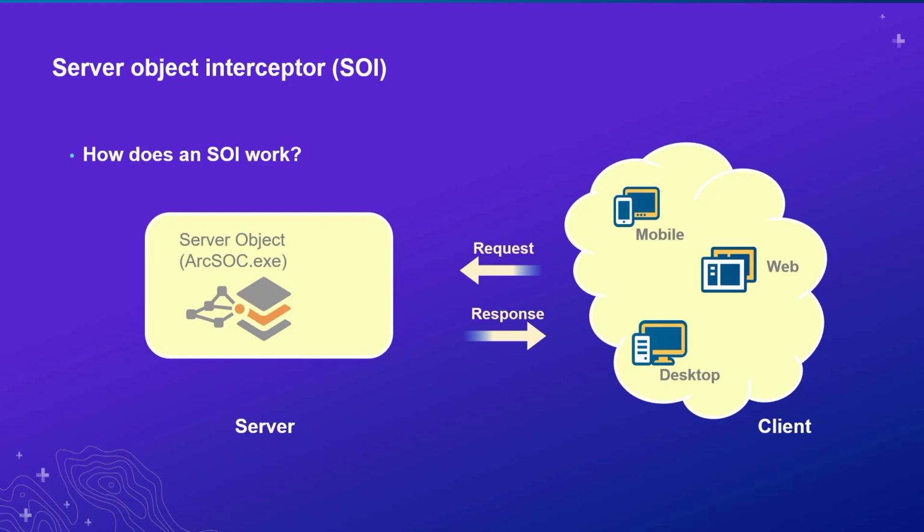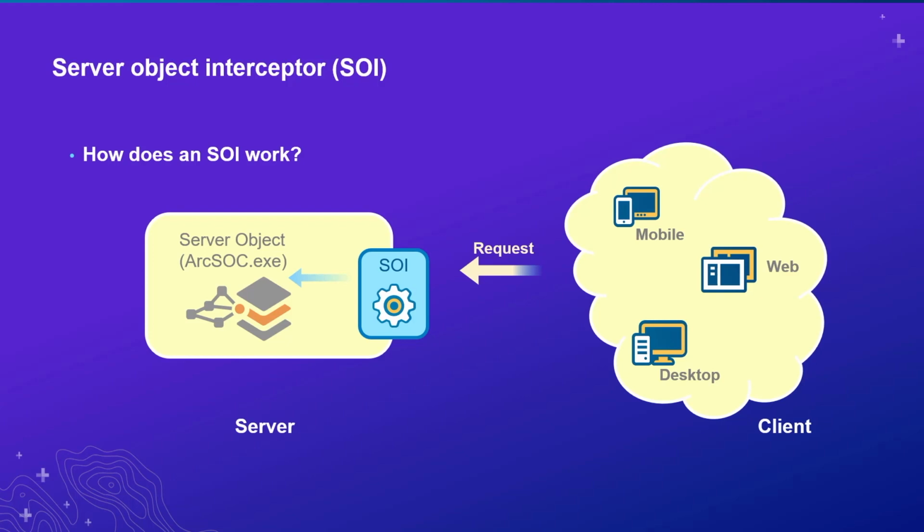Next, let's add an SOI to this map service. We can see the SOI sits on the server side, on top of the server object. When a request comes through, it no longer reaches the server object first, and instead, the request is sent to the SOI first. So at this point, the SOI can decide whether or not to modify the request parameters, and then the SOI will pass the request to the server object for processing.